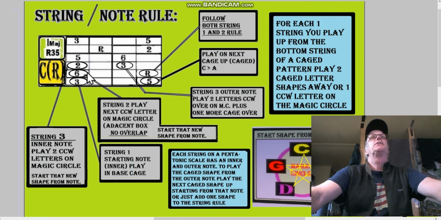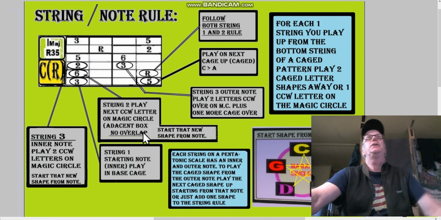We have the A string here. It's 1 string up in the scale, so it's the second string in the scale. The rule says for string 2, play the next counterclockwise letter on the magic circle, adjacent box, no overlap. Okay, so what does that mean?